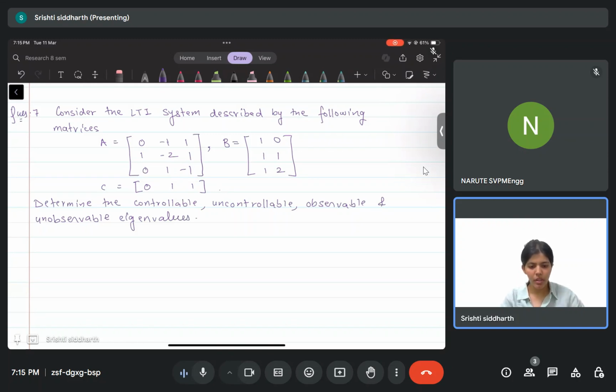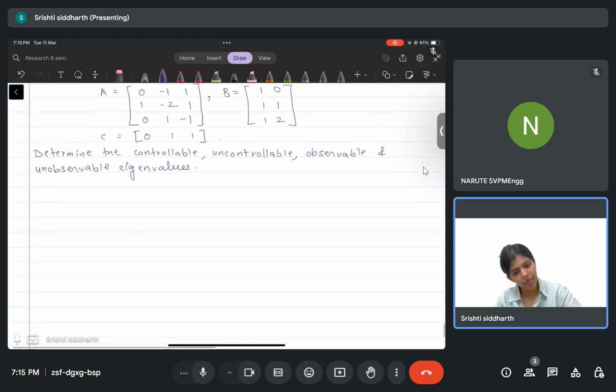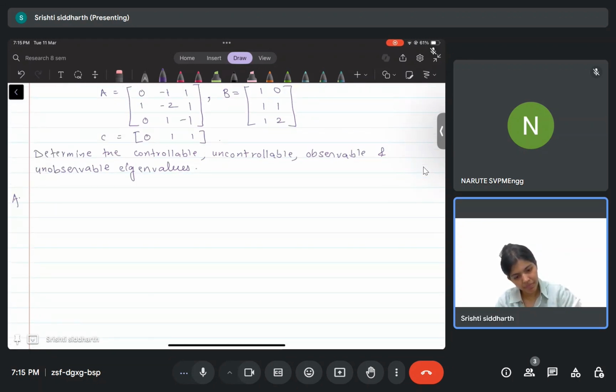So for this, we will consider the Kalman decomposition of the system. So let's recall that. So we will recall Kalman decomposition.